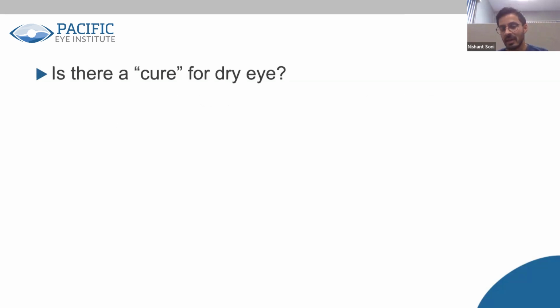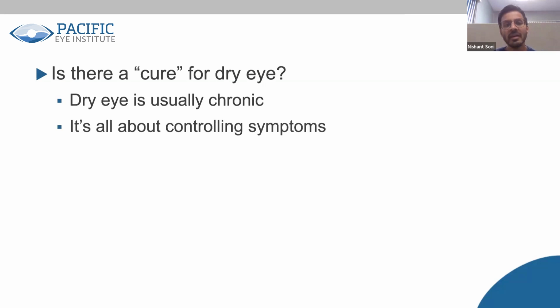So, common question, is there a cure for dry eye? Dry eye typically is chronic, so it is something that lasts. It can come and go, and as I mentioned, in different environments it can feel better than others, but it can be chronic. It's all about managing your symptoms.